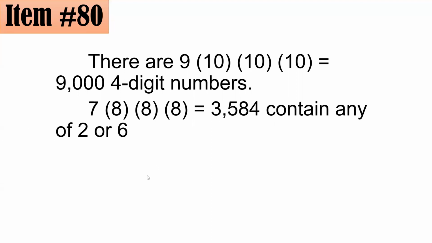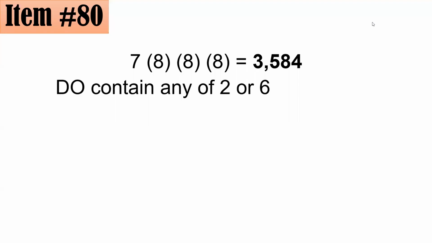Saglit po ha. So, sa thousands place po natin, 7 sila na hindi nagko-contain ng 2 or 6. Bakit? Hindi ginamit yung 0, hindi ginamit ang 2, hindi ginamit ang 6. Okay, I stand corrected there.